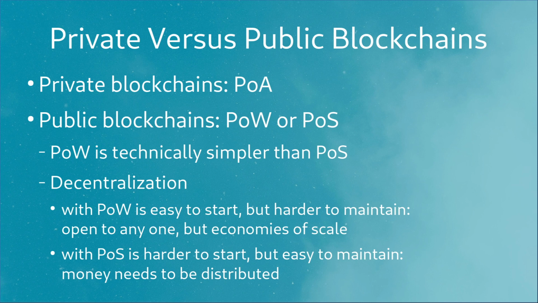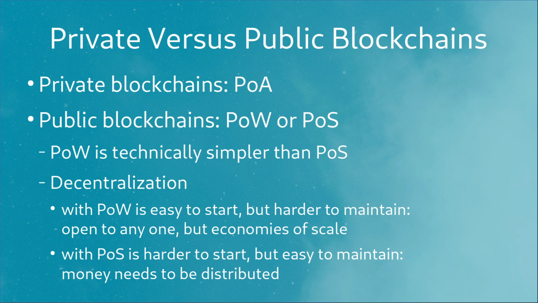Why is that? With proof of work, everyone who wants to can join, so you just need to buy enough compute power and you start supporting the proof of work blockchain. So if you just buy a computer, you can join the blockchain, and therefore it's open to anyone and it's decentralized from the start.